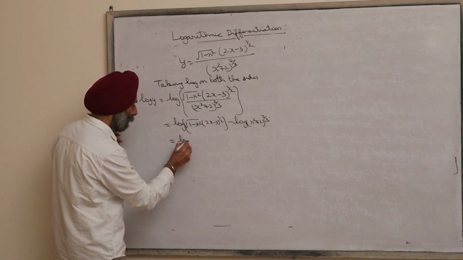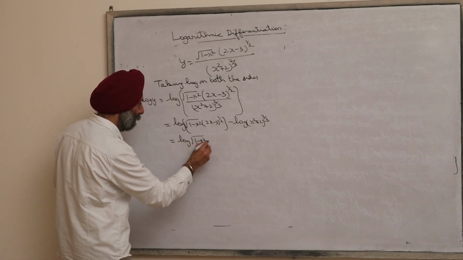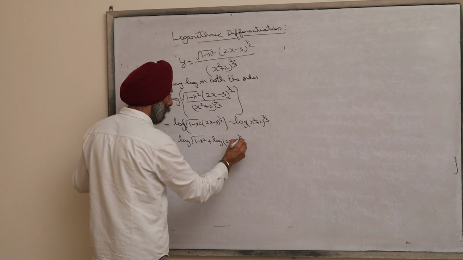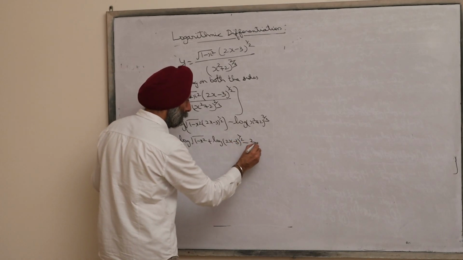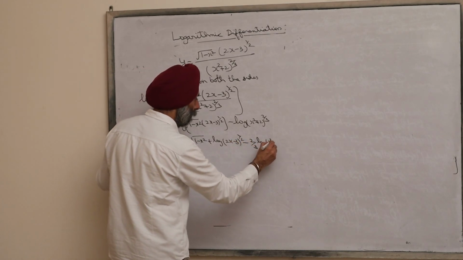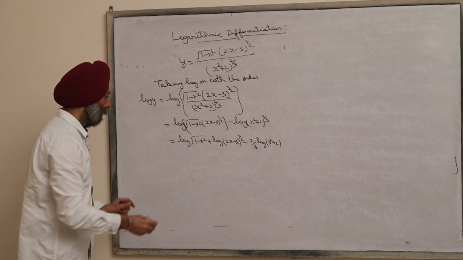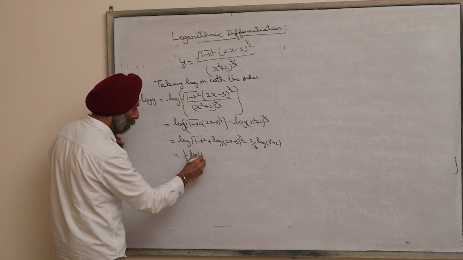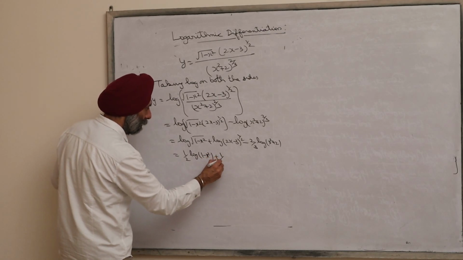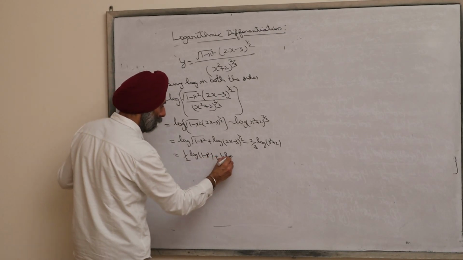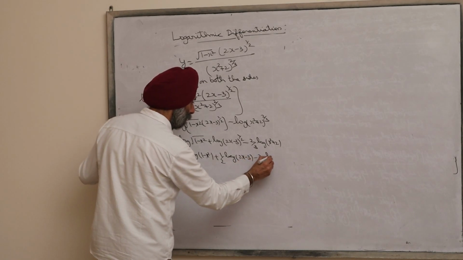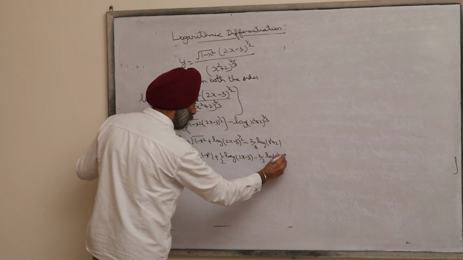So this can be written as log of under root of 1 minus x square plus log of (2x minus 3)^(1/2) minus 2 by 3 times log of x square plus 2. So what next? It is m log n plus n log m, minus 2 by 3 times log of x square plus 2.